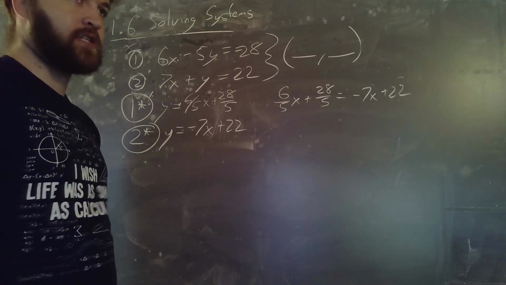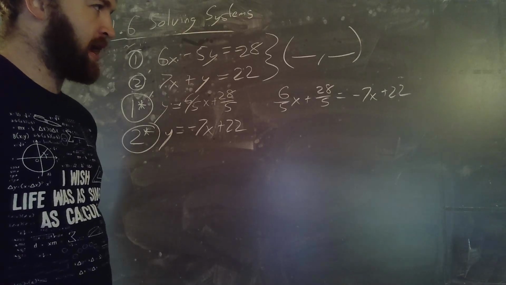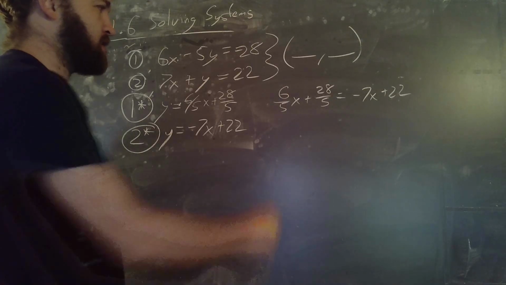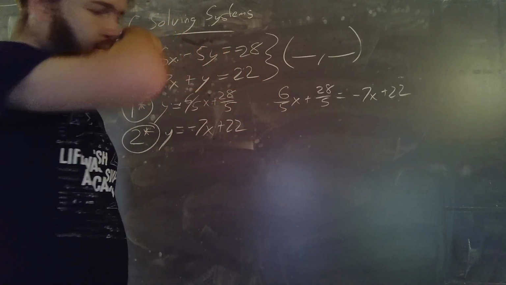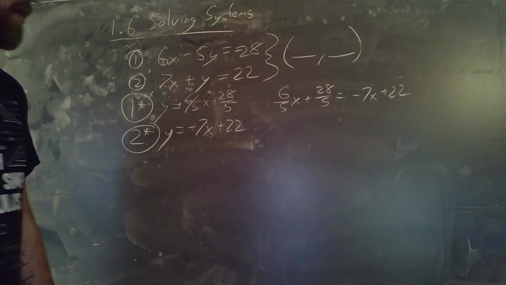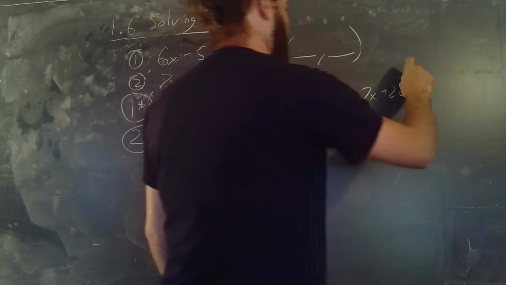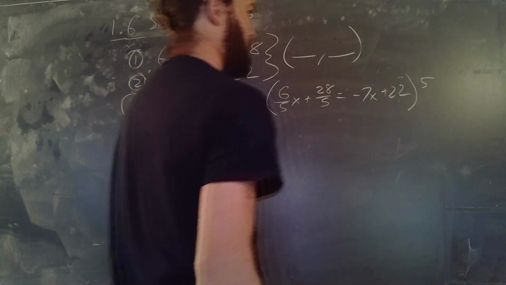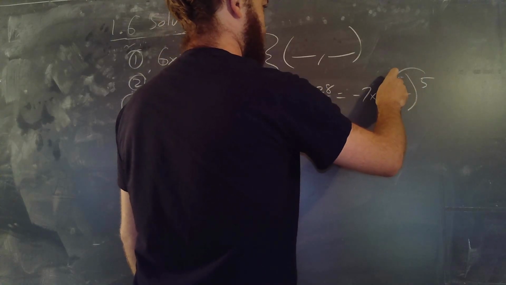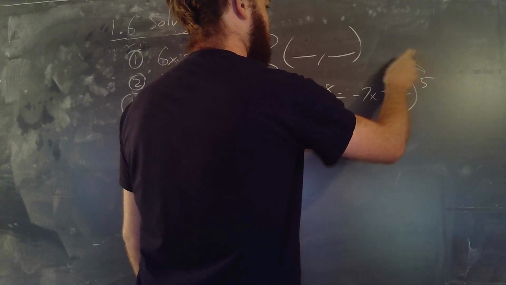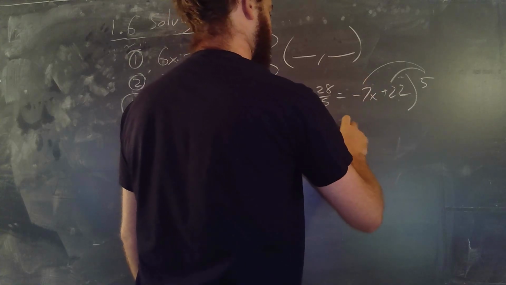And remember, during the solving step, we would like to clear the fractions if we have any. So I've got two fractions right here, but the good thing is they have the same denominator. So I just need to multiply everything by that denominator. 5 multiplies 22 and makes 110. 5 multiplies negative 7 and makes negative 35.